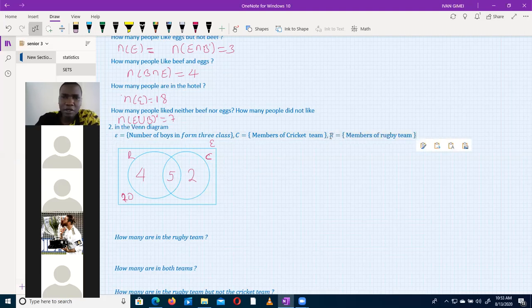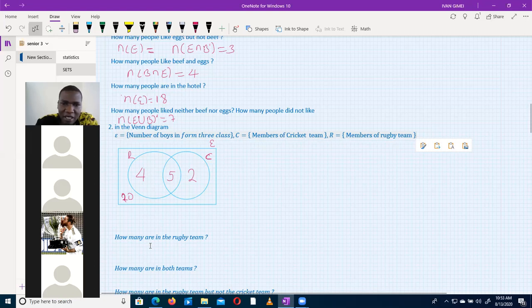So this is our Venn diagram. They are saying the universal set represents the number of boys in a Form 3 class, C is standing for members of the cricket team, and R is standing for members of the rugby team.